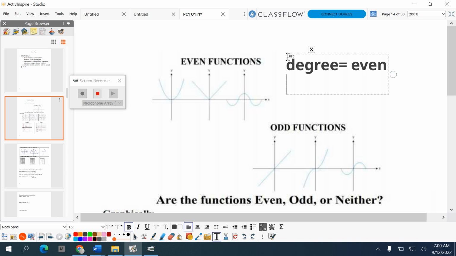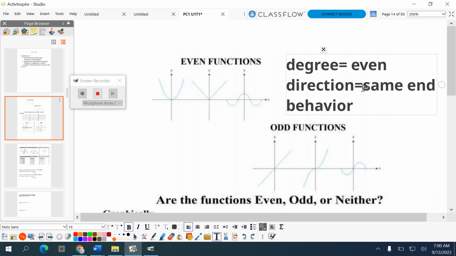And if you note, when we look, the direction is the same. We're talking about what we call end behavior. We'll look at that a little bit more closely, and why I wanted to highlight that will make it easier as we move into this on Wednesday, Thursday, Friday.